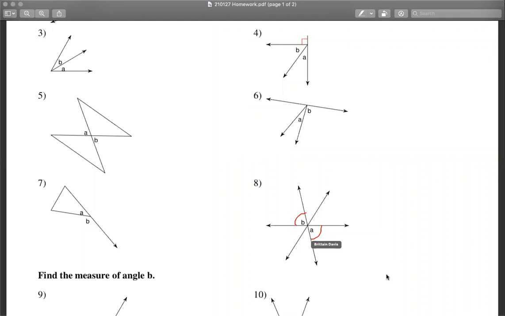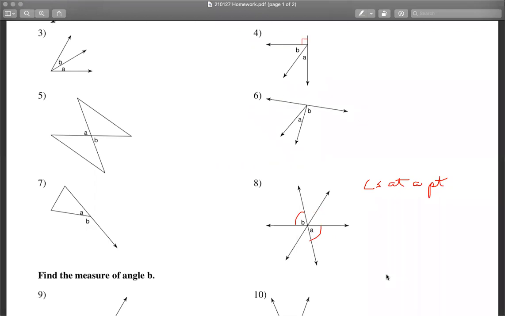Okay, and then right here for 8, we've got these 2 angles, A and B. Now you could say, if I had all these angles, I could do angles at a point. And you're right, because we could add all this up, we get 360 degrees. So angles at a point is not a bad thought. But if I focus on just the 2 labeled angles, I could ignore every other angle here.